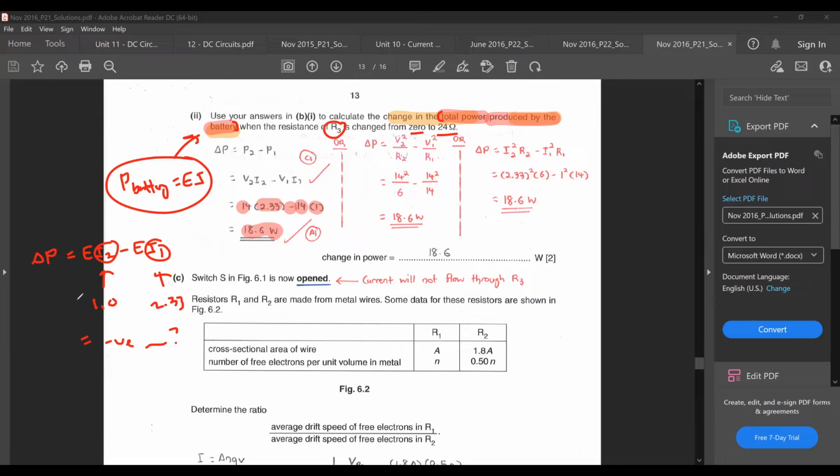Don't bother about which one should be minus which, because you want the change in value only. Whether it's I2 minus I1 or I1 minus I2, just take whichever is higher minus the lower.